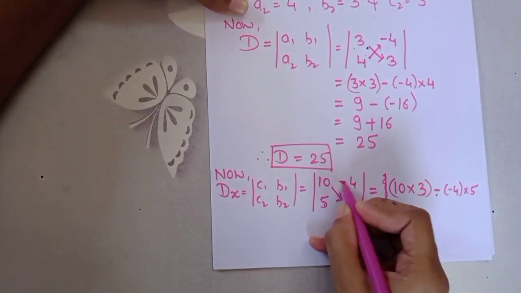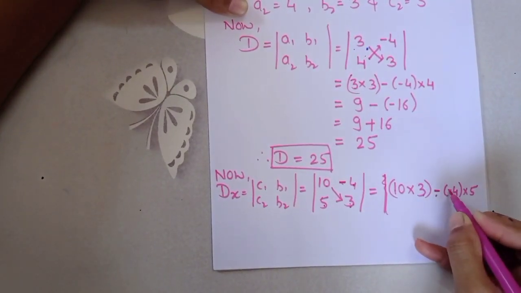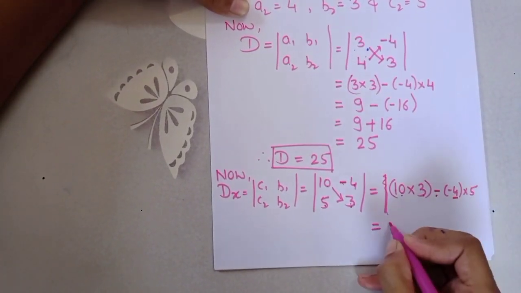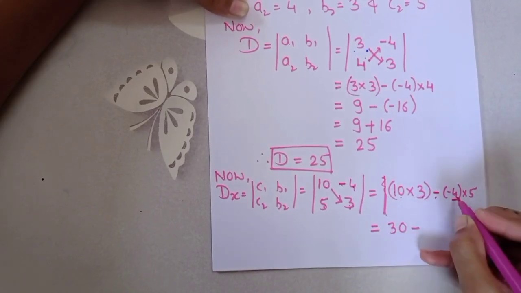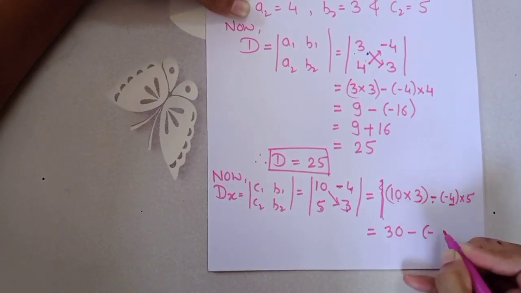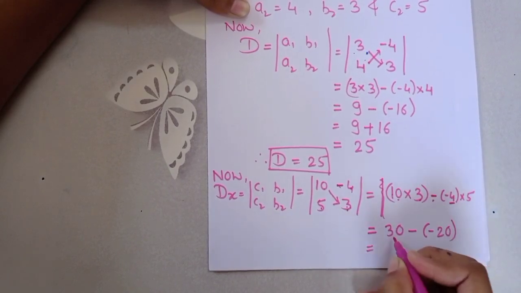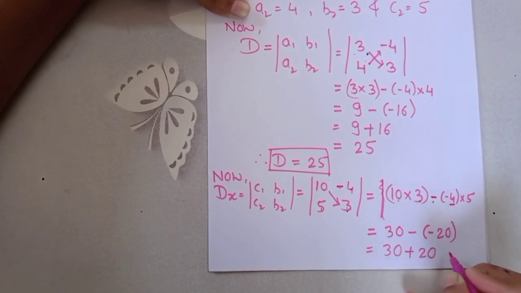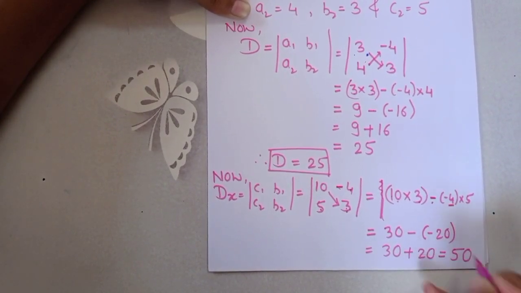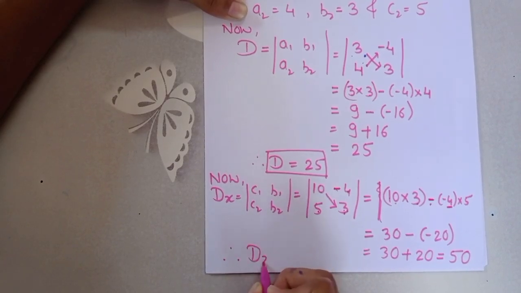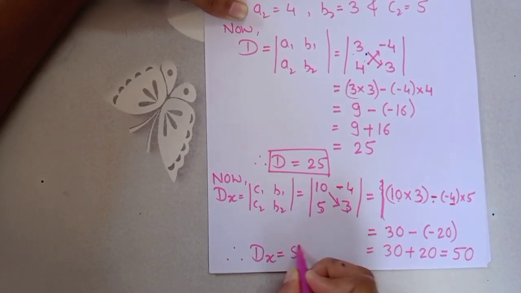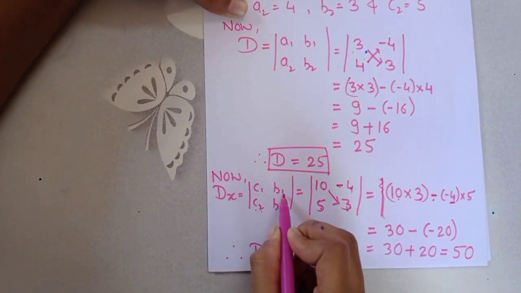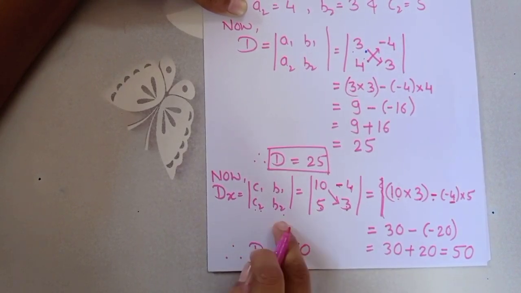Here we should not consider this minus as different; this minus belongs to the 4. Therefore, the value is 10 into 3 is 30, minus -4 into 5 is -20, which will be equal to 30 plus 20, which will be equal to 50. Therefore, the value of Dx will be equal to 50. Here we have to see that the sequence should be c1, c2 and b1, b2. It should not be interchanged.